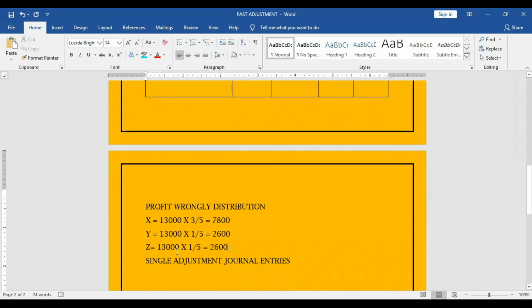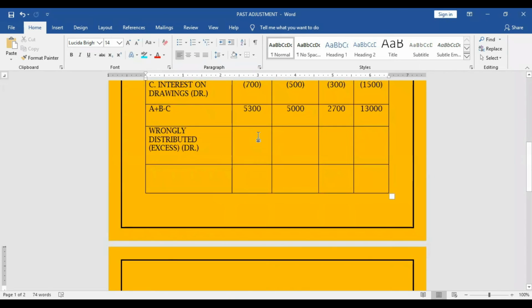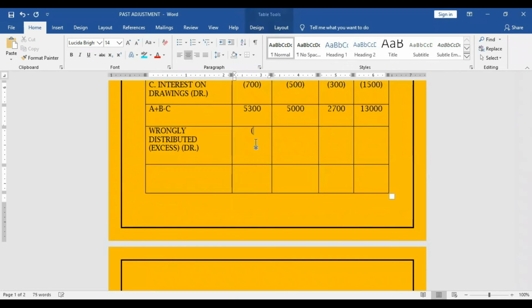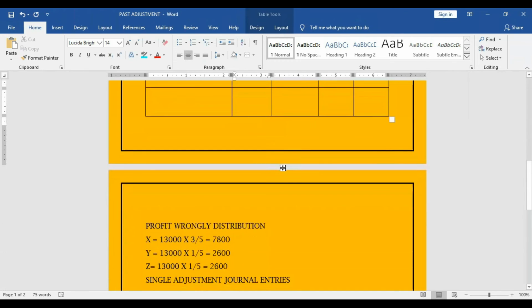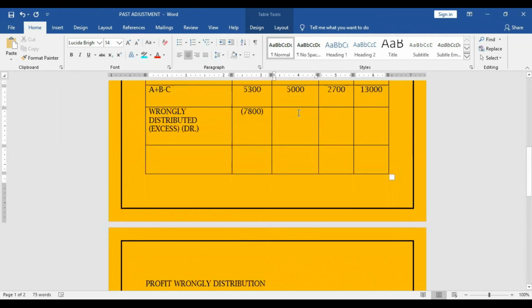So this is the wrong distribution that we have to debit. For X it is 7,800. Y, it is 2,600. For Z also the same.